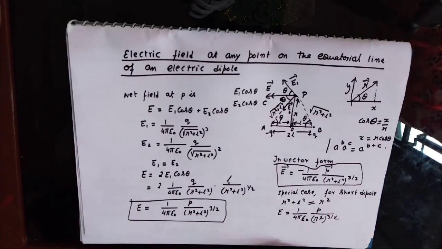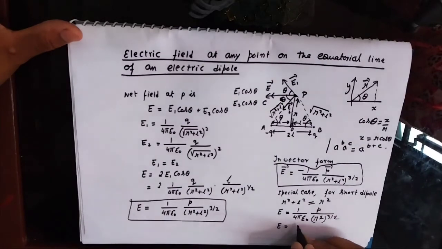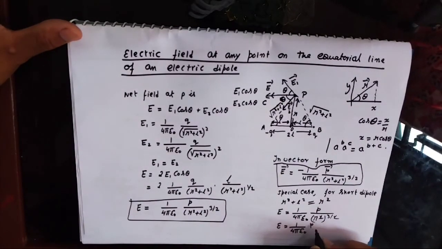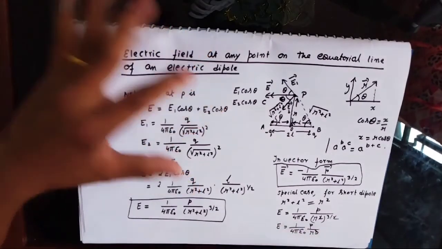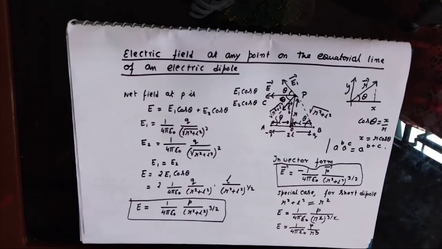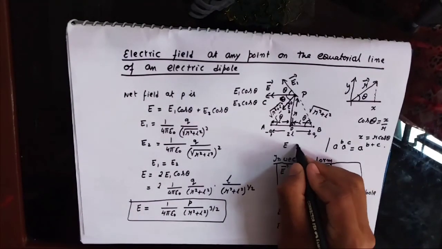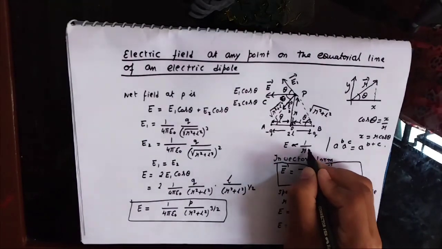This 2 will get cancelled. So E is equal to 1 by 4 pi epsilon naught p divided by r cube. So from here, we can say that the electric field is inversely proportional to r cube.